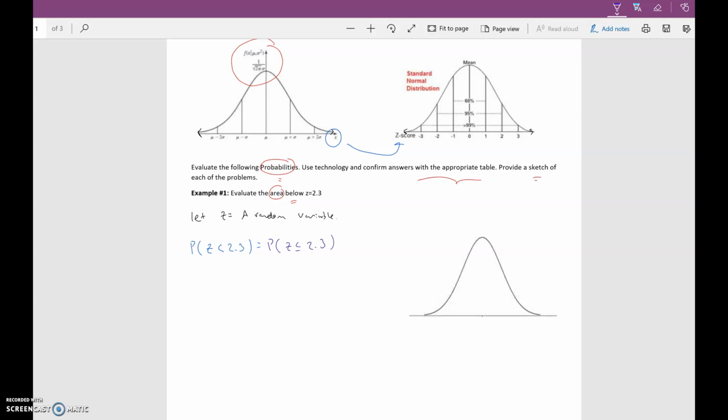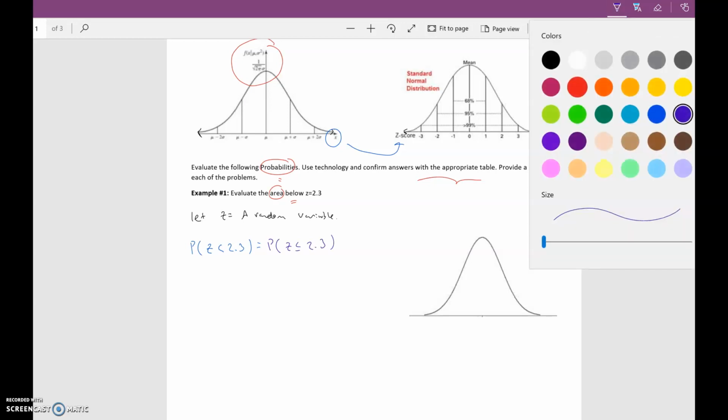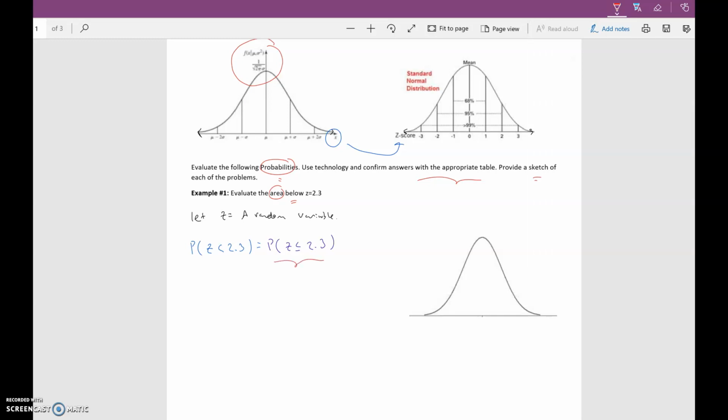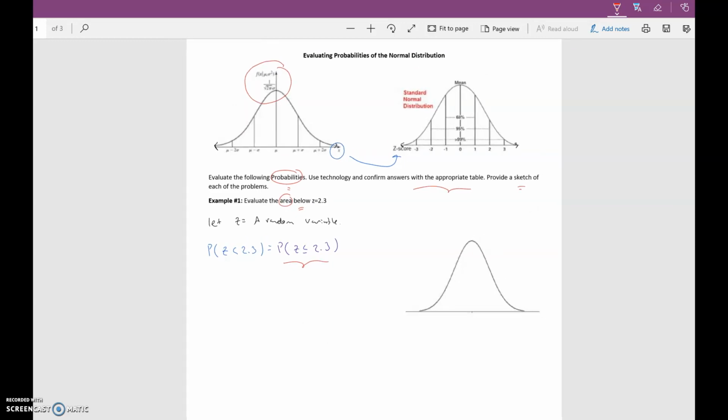So you can technically start the problem on this portion, because the random variable happens to be a continuous random variable, meaning it represents standard deviations above or below the mean. So technically those could be any numerical value on the number line. Less than in this section is understood as less than or equal.